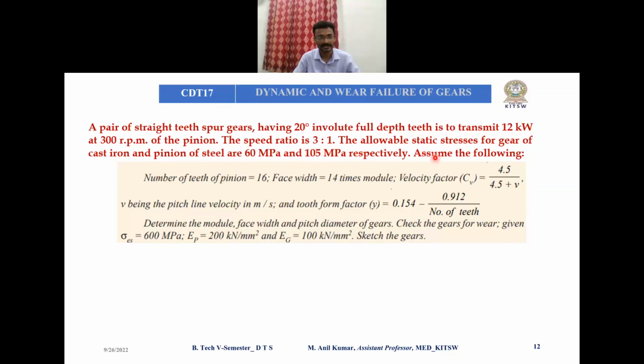The allowable static stress for the cast iron gear and steel pinion are 60 megapascal and 105 megapascal respectively. Assume the following: number of teeth on pinion, face width small b, velocity factor Cv, everything is given. So we are asked to determine module, face width, pitch diameter, and check the gears for wear.